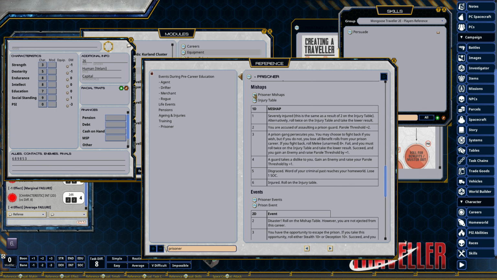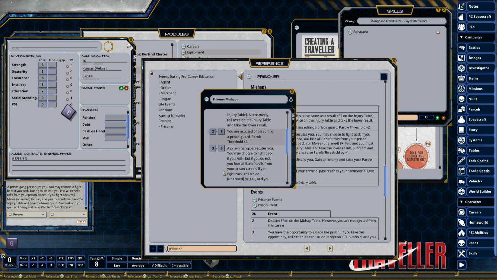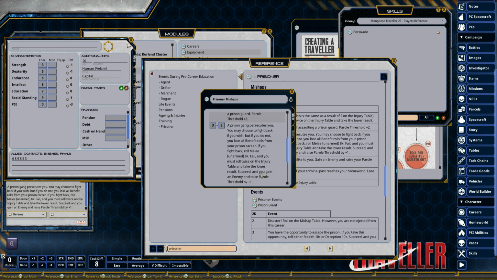So what's my mishap? Let's see. Prisoner mishaps. Let's roll and find out what happened. 3. Prison gang persecutes you. You may choose to fight back if you wish, but if you do not, you lose all benefit rolls from your prison career. If you fight back, roll melee. Fail, and you must roll twice on the injury table and take the lower result.